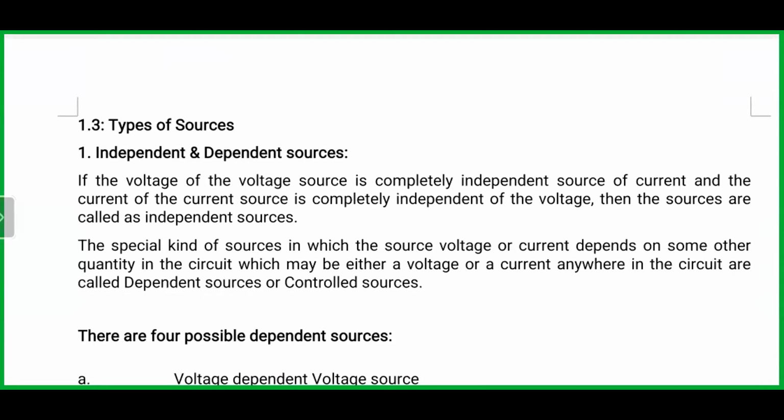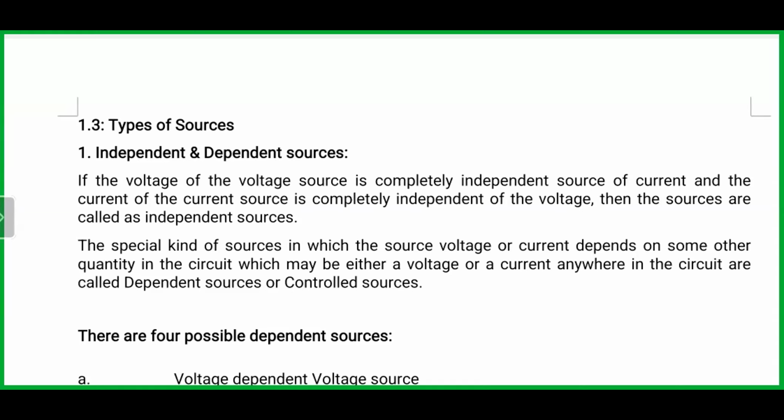If the voltage of the voltage source is completely independent of the current, and the current of the current source is completely independent of the voltage, then the sources are called independent sources. Meaning the current does not depend on the voltage, and the voltage does not depend on the current. We will dive deeper into this.